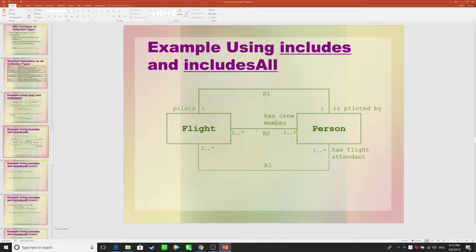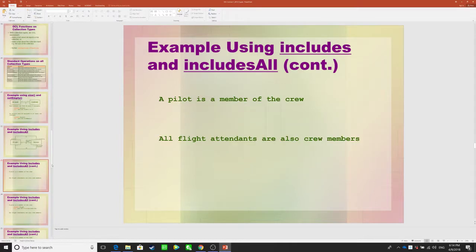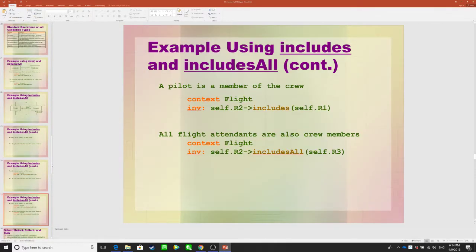Instead of self.r1. It's similar, but instead of includes, we're now using includes all. Let me show you. Because self.r3 returns a collection.